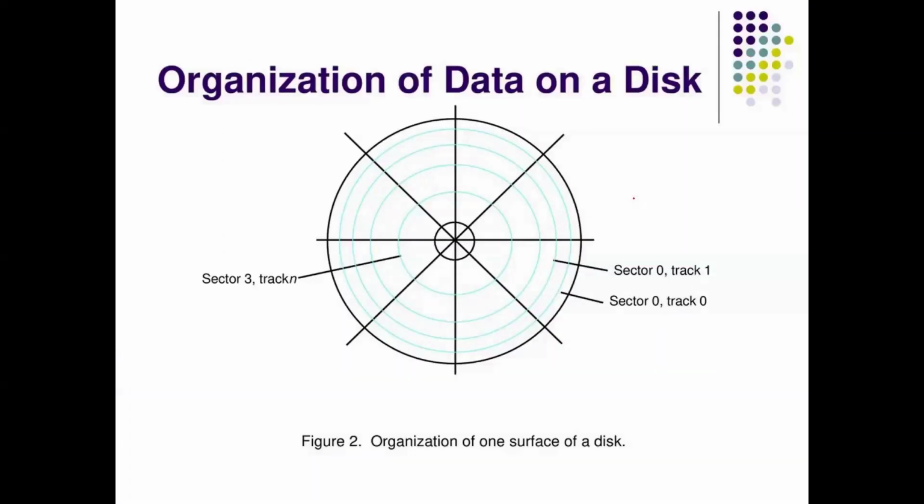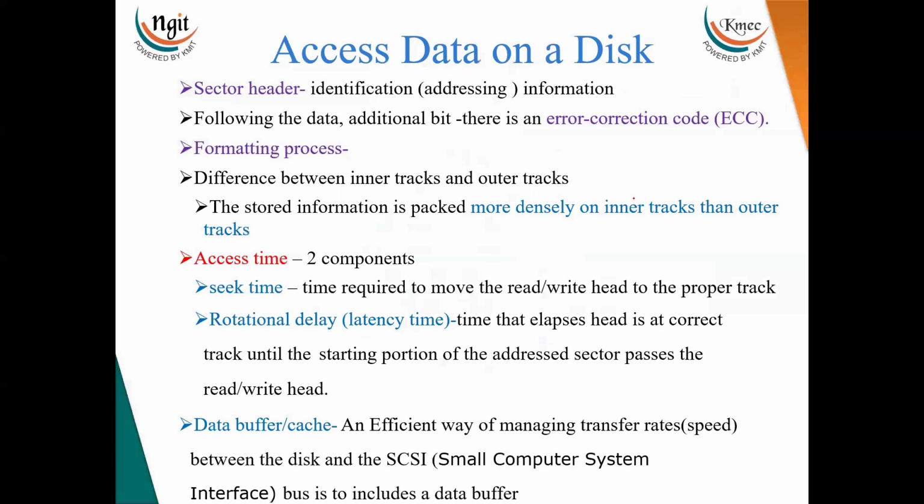Now, we have seen how the data is stored, and we will see what type of data is stored on this sector. This is a complete track. On this track, this is called the sector. In this sector, data is stored. Along with the data, some other bits are also stored. Those bits are called the sector header.